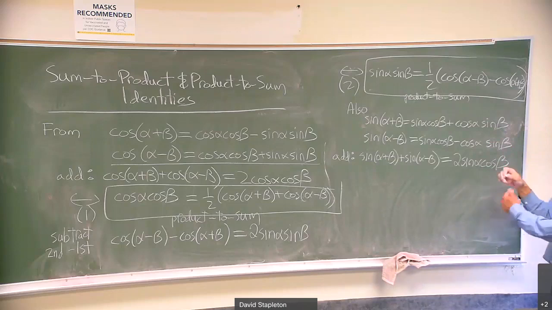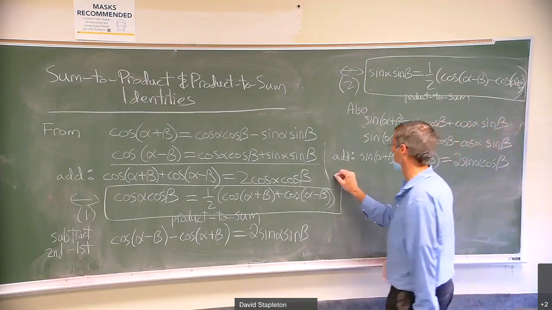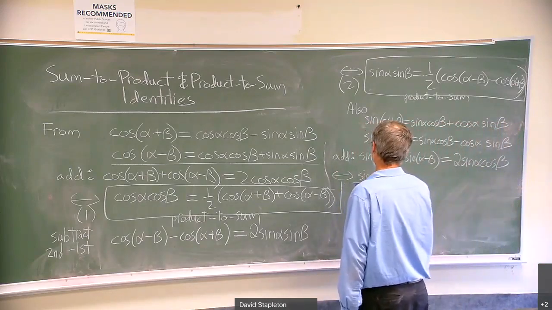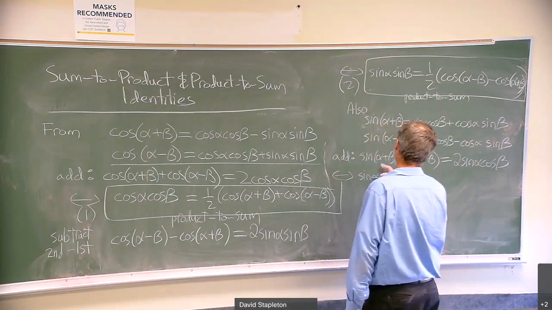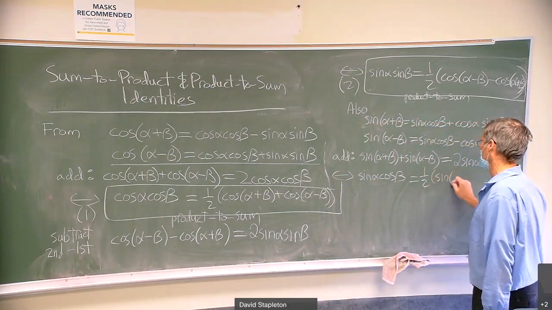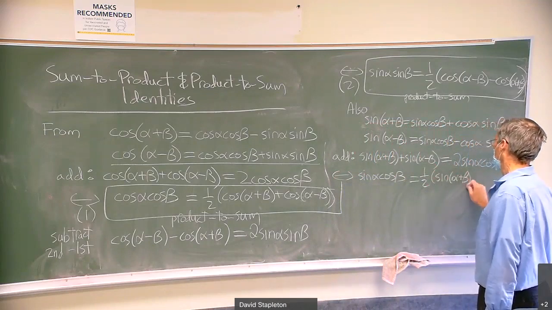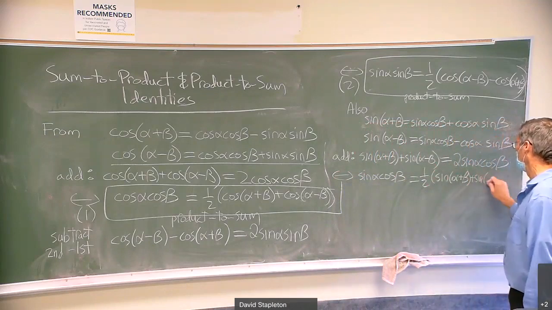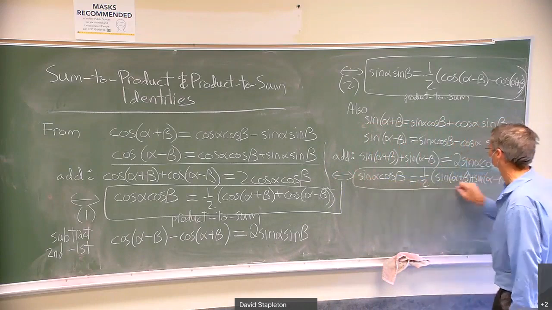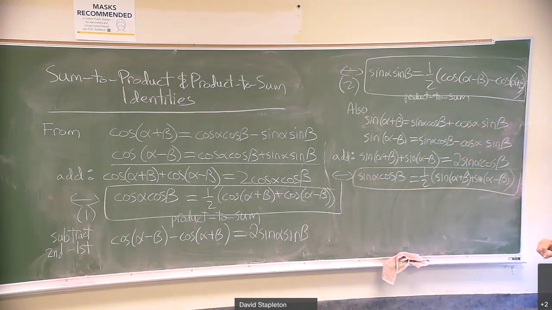Again, if you switch sides and divide by 2, on the left, this thing over 2 is just sine alpha cosine beta. On the right, this one over 2 is 1/2 sine alpha plus beta plus sine alpha minus beta. There's the final product of sum formula. If I have a sine times a cosine, I can do this. We can call this equation 3.